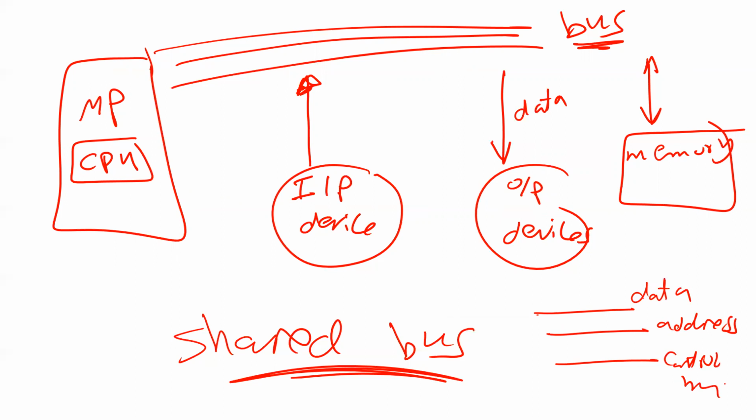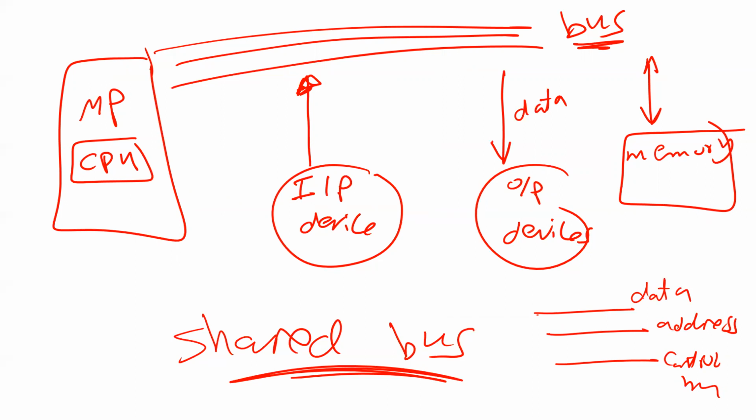We name these buses based on the information they carry. So the data bus carries data, and the address bus carries addresses.